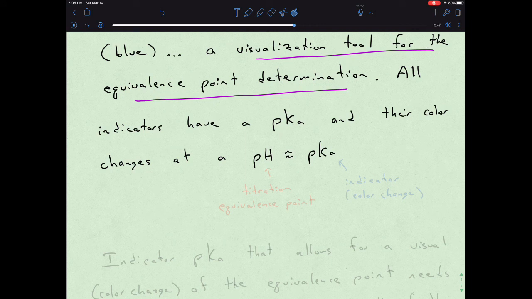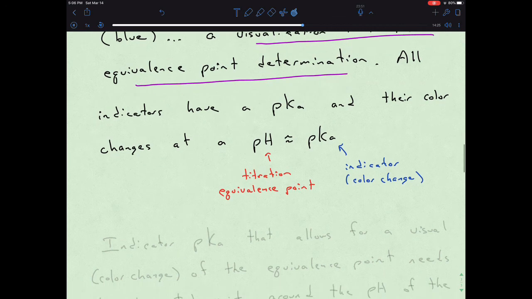So you have a pH of the titration equivalence point, and the indicator, that's your pKa. So right around that pKa is where we have the color change occurring. So we want to pick an indicator whose color change occurs right around the equivalence point and the pH of that equivalence point.